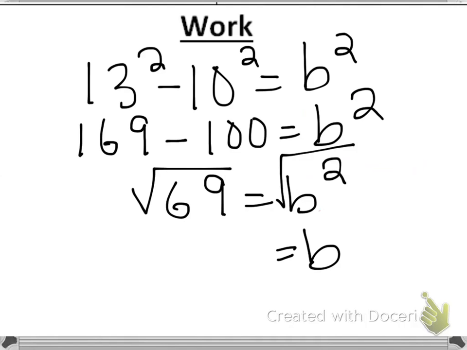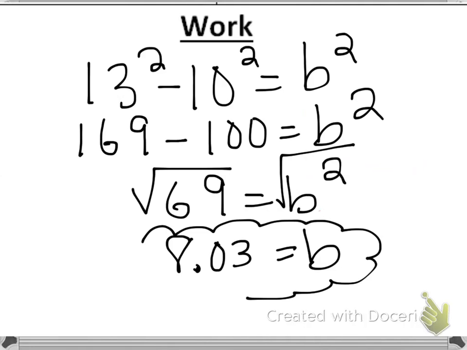So it's in between 8 and 9 because it's between 64 and 81. So what is the square root of 69? It's closer to 8. So I'm going to put it in my calculator. So it's about 8.3. I'm going to round to the nearest tenth, and I'm done. You have a couple problems to do with your group table mates, and that's about it.